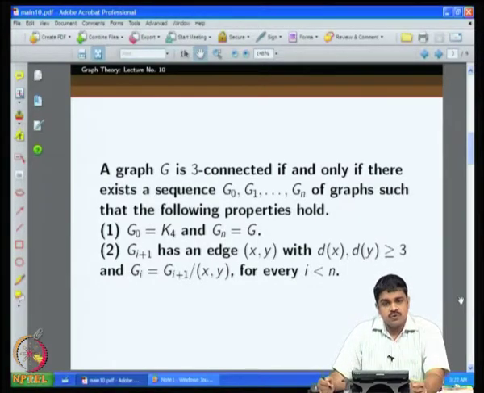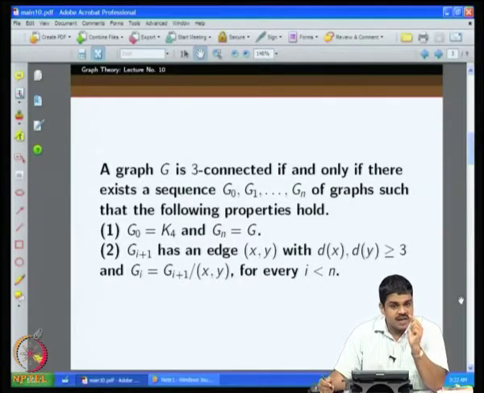Now what you do, you can always find that particular edge which is guaranteed to exist by our previous lemma, such that if we contract that edge, the 3 connectivity is not lost. The resulting graph is again 3 connected. So this particular edge, if I contract, I will get a smaller graph, smaller by one vertex, and then I take the new graph, it's again 3 connected.